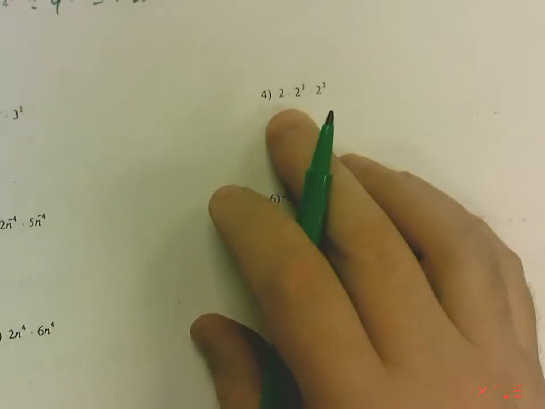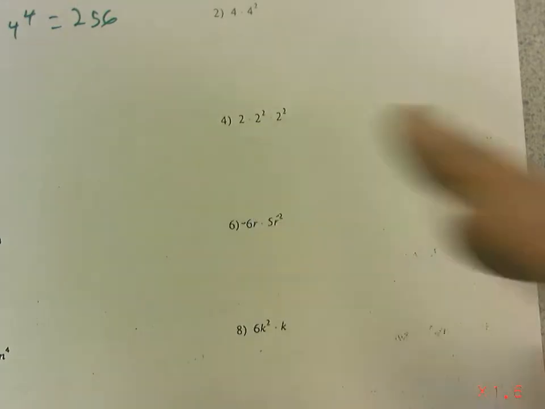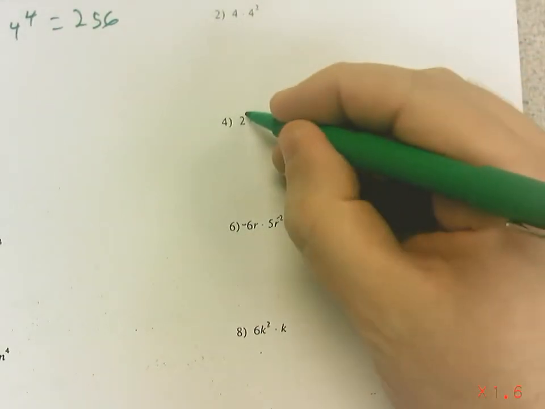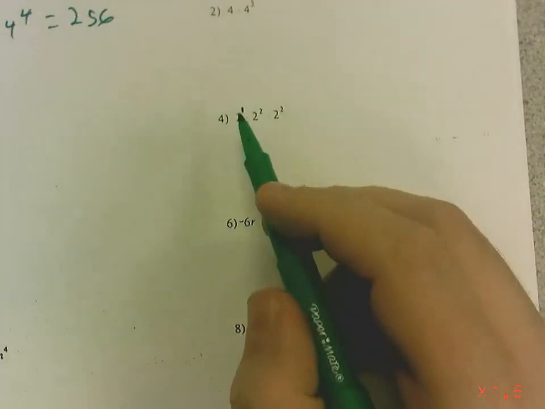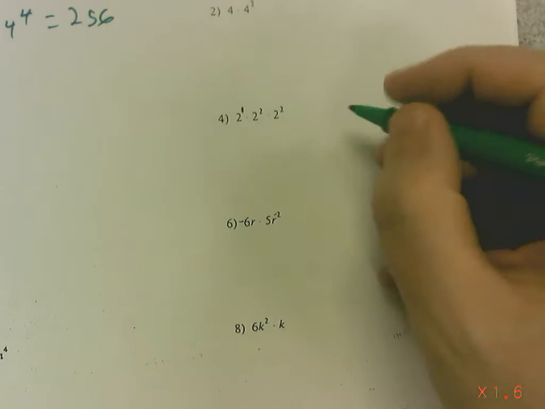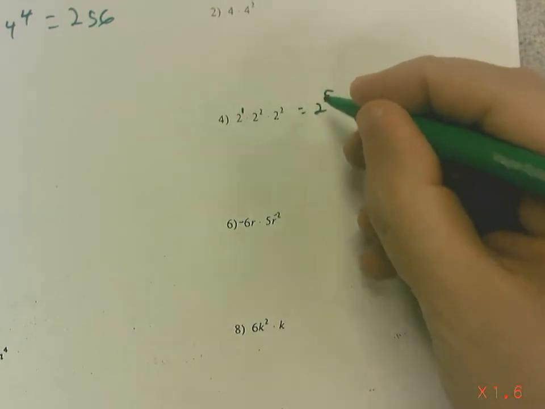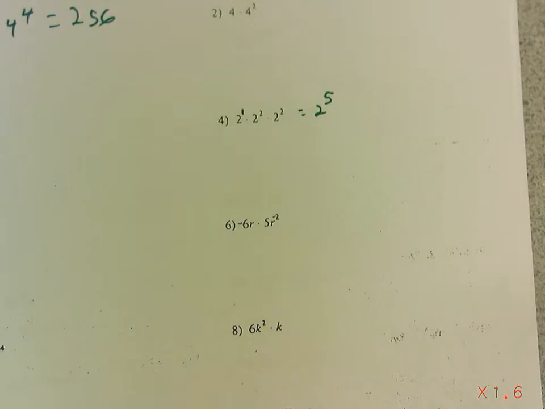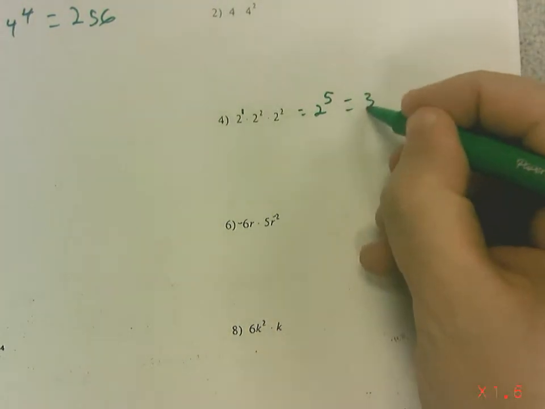Then let's try this one. If there is no exponent above a number, remember it's just got an invisible 1 there. So I've got 1, 2, and 2. That's 2, 4, 5. So that's going to become 2 to the 5th power. 2 to the 5th power is 32.